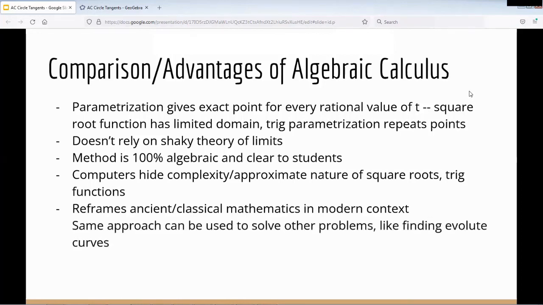And lastly, this same approach can be used to solve other problems besides finding tangent lines, like finding an evolute curve, which is something I ought to do a video on.